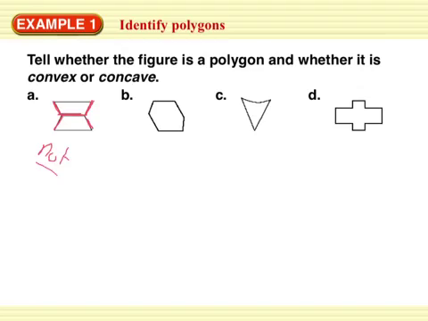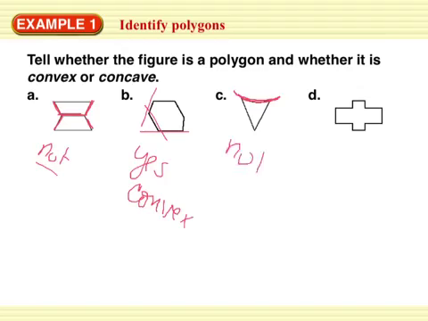Here I have, for B, all of my segments just connected at a vertex. If I drew a line on any one of these segments, I would not get a point on the interior of the polygon. So yes, it's a polygon, and it is convex. Okay, C. Remember, I need segments. This right here isn't a segment, it's a curve. So it is not a polygon.